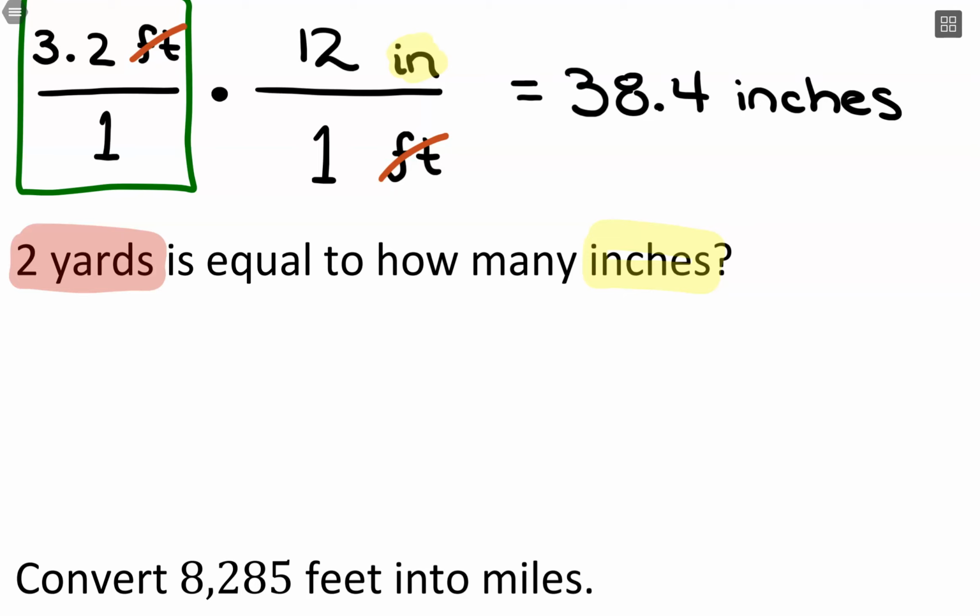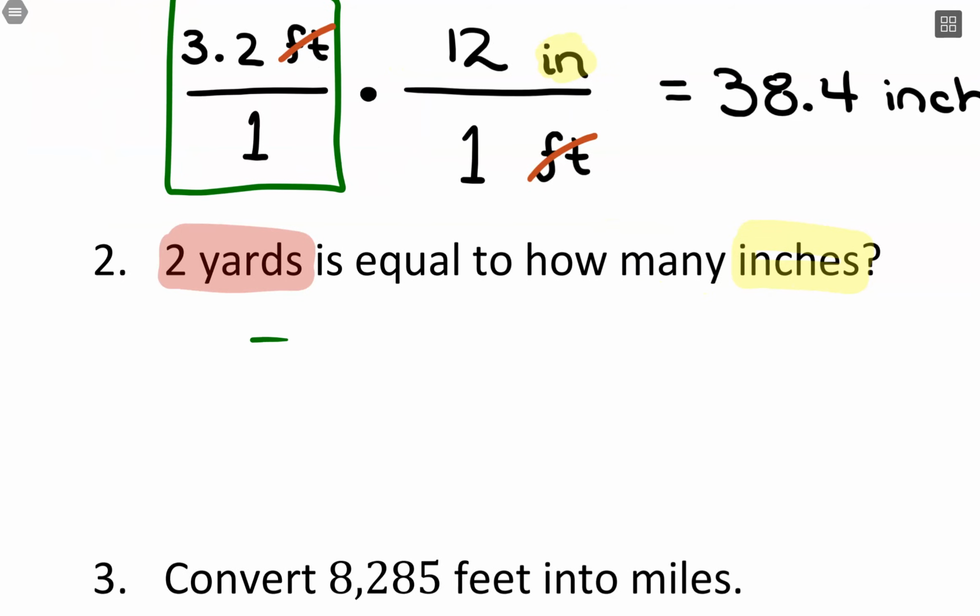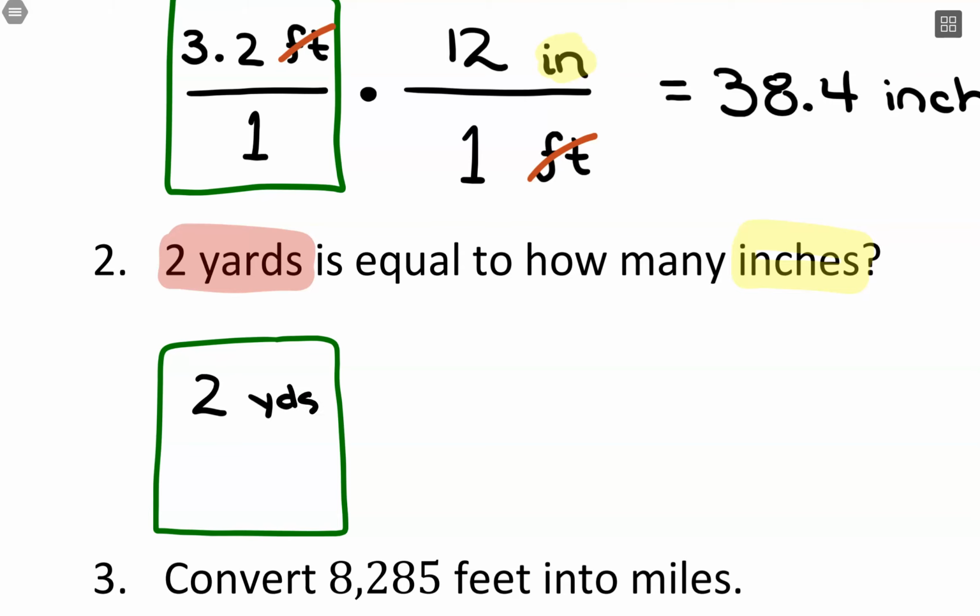All right, this next one, we have 2 yards, and we want to convert that to inches. So my starting fraction, I'm starting with 2 yards over 1, and then what I need to do is create some unit fractions to convert. Now, from our conversion sheet, there isn't directly a relationship between yards and inches. If you know what it is, you can absolutely use it.